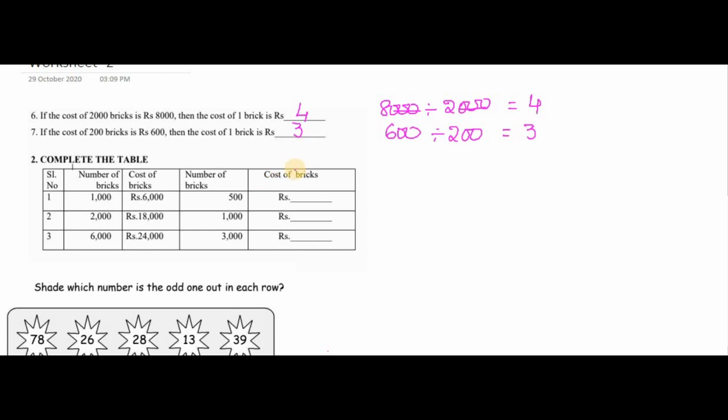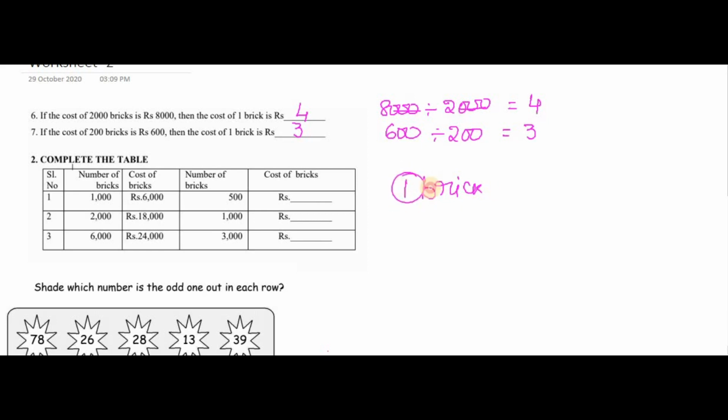Okay. Now what is the question he has given to us? Complete the table. Number of bricks, cost of bricks. So 1000 bricks cost 6000. Then if 500 bricks are there, what is the cost? So first of all, I should find the cost of one brick here.